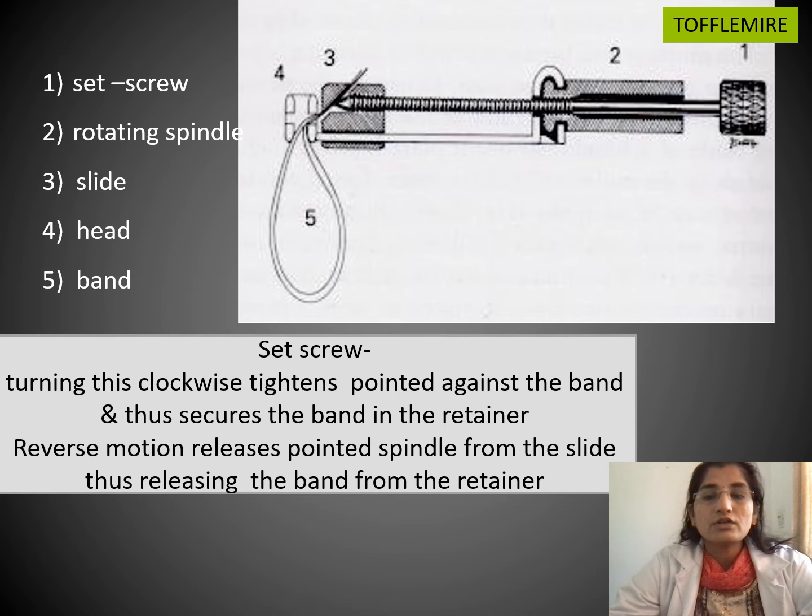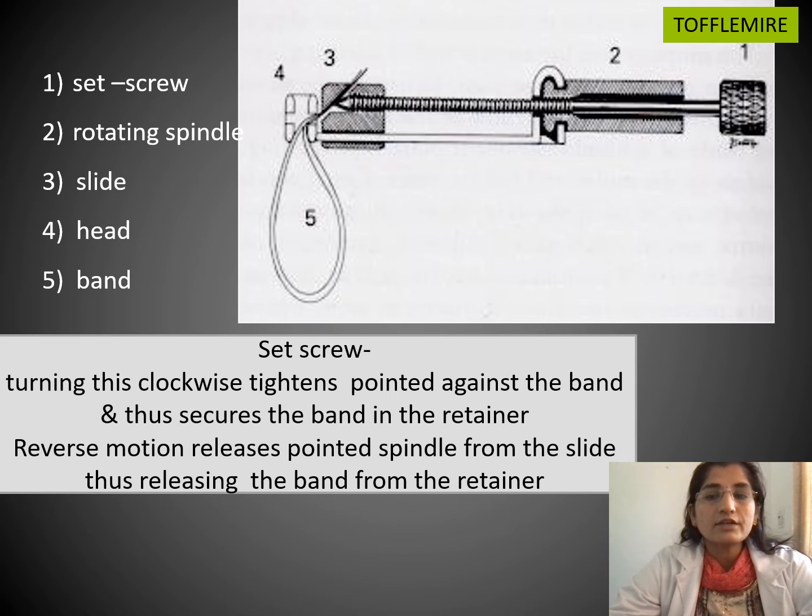So in the picture you can see the universal or Tofflemire retainer, where it has a set screw, rotating spindle, slide, head, and band.